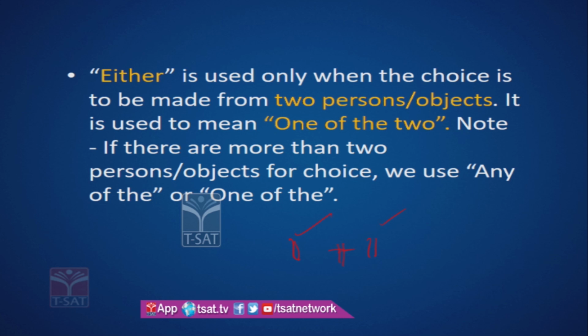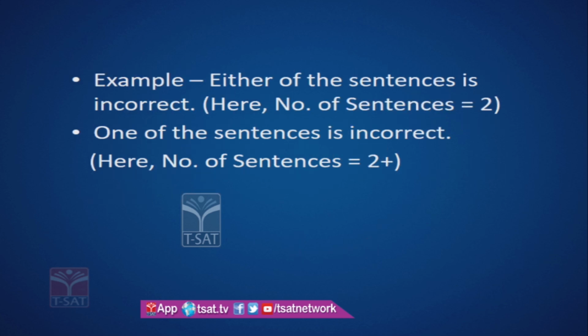Okay. Now next one, when the sentence starts with any, it is always followed by one of the. We start a sentence: any one of the. For example, either of the sentences is incorrect. Here, how many sentences are there? Two sentences. Out of two sentences, either means one of the sentences is incorrect.